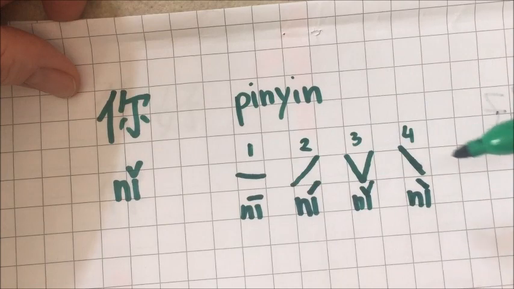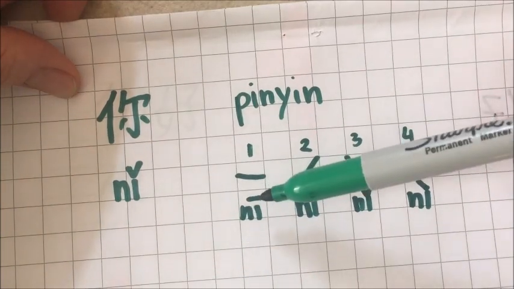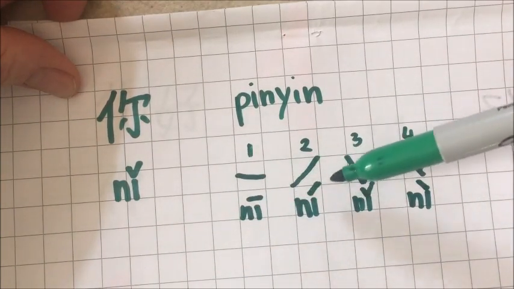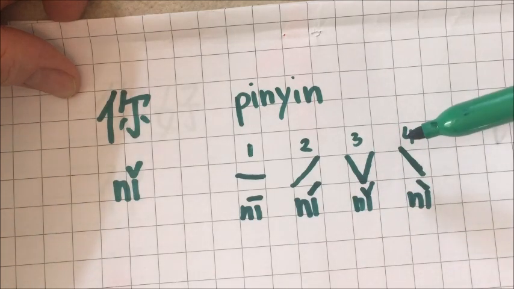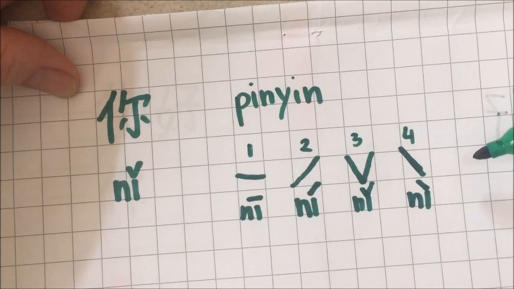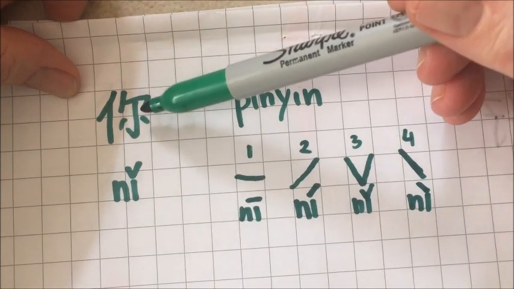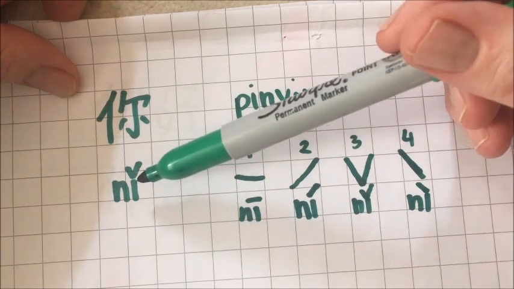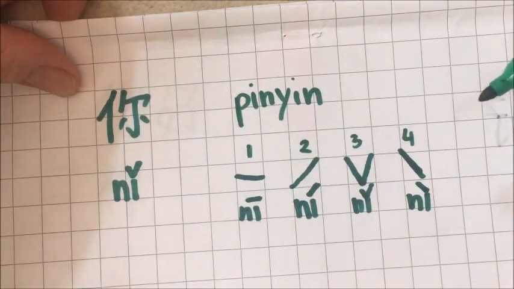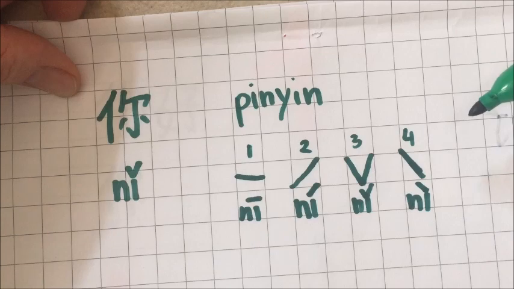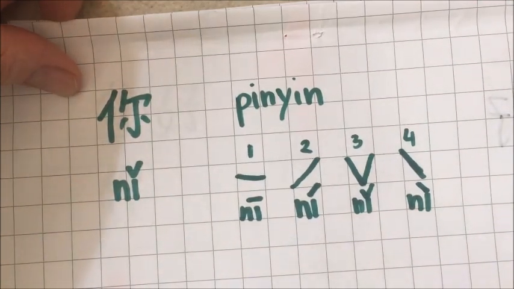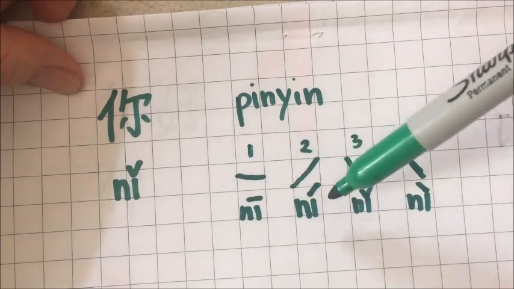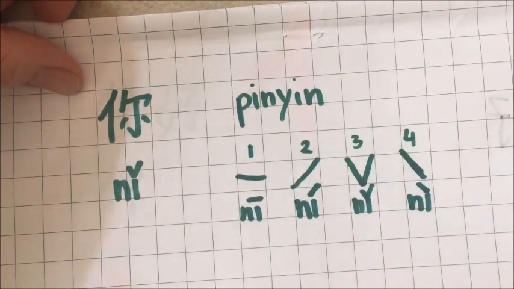Let's do them all together again. Ni, ni, ni, ni. So this is the Chinese character, this is the pinyin, and here are the 4 different accents of the language. It's very important to pronounce them correctly, as like I just said, each word has a different particular meaning.